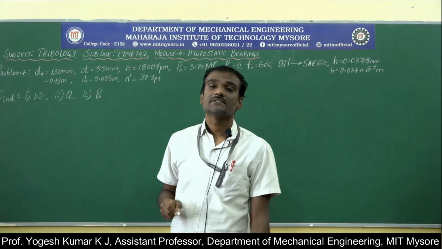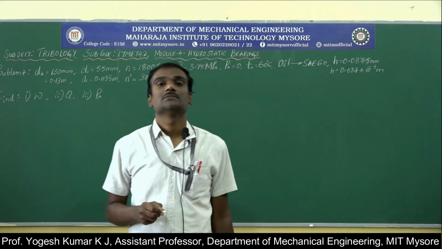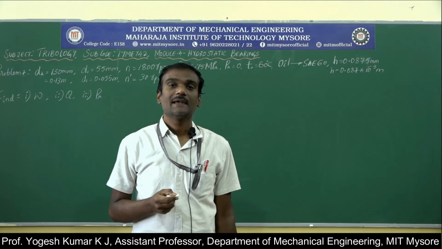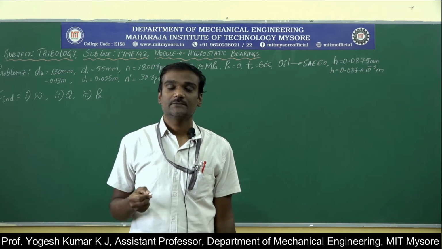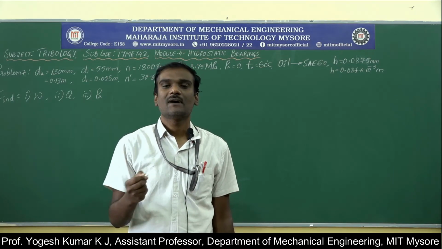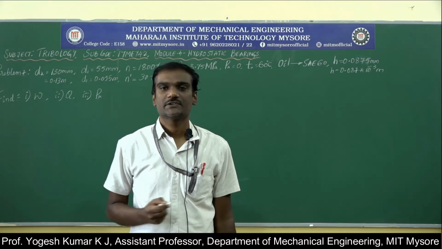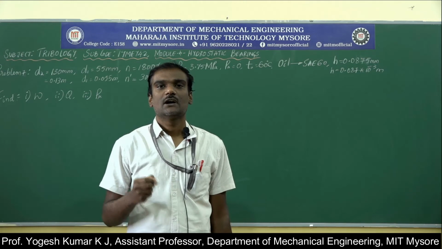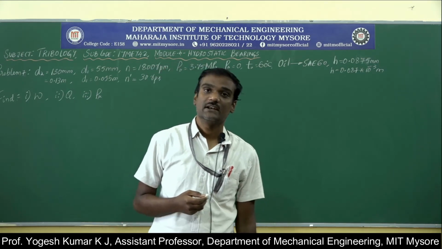So what is the difference that you are seeing in this problem? The major difference in this problem is the viscosity. Unlike in the previous problem, they have not given the viscosity directly. They have specified the operating temperature of the oil and what type of oil is used: SAE 60, at 60 degree centigrade.